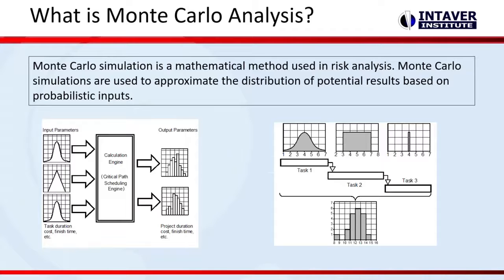So what is Monte Carlo analysis? In a Monte Carlo simulation, every activity is assigned a statistical distribution. So if we look at both of these images, you can have different tasks, and they can have different types of distributions.